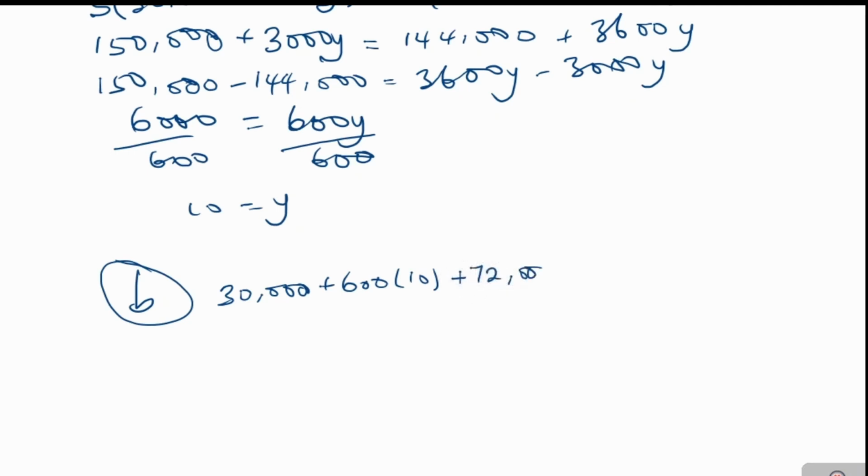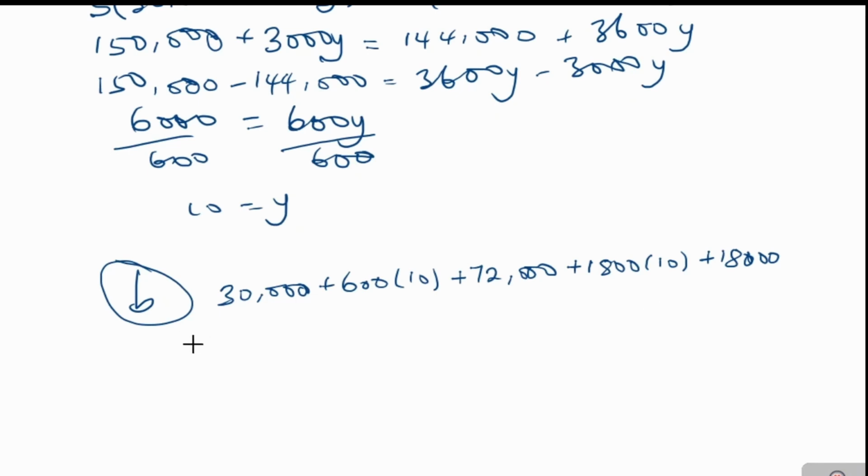Then the new cost of material is going to be the estimated cost of material, which is 72,000 plus the increase in the cost of material, which is 1,800y. But then again, y is 10, so we substitute 10 wherever we see y. Then plus the cost of consultancy, which hasn't changed, so 18,000.